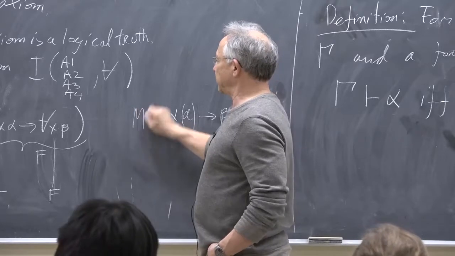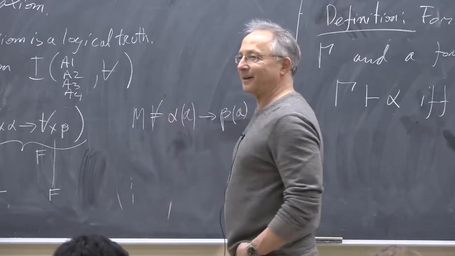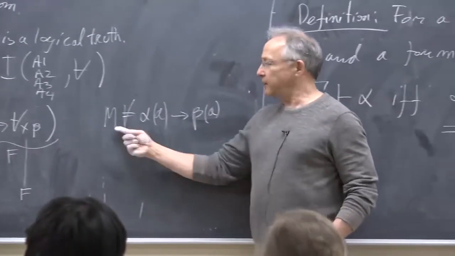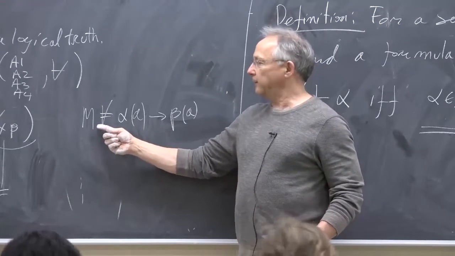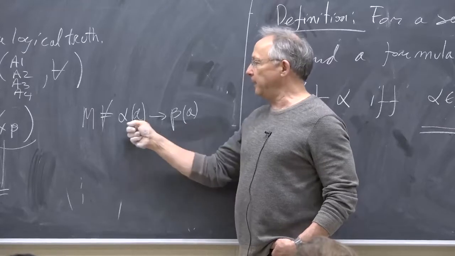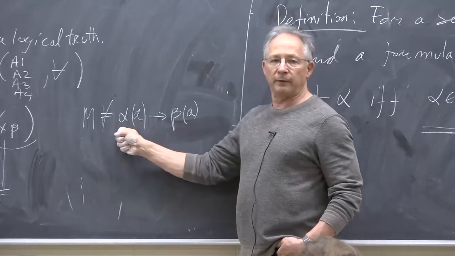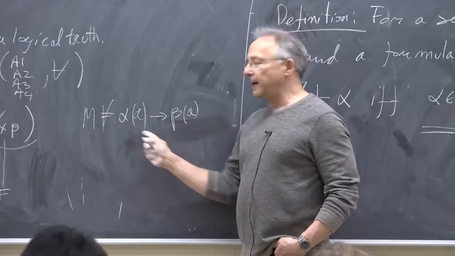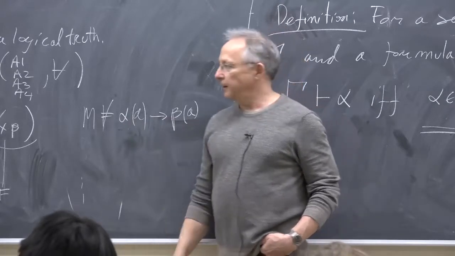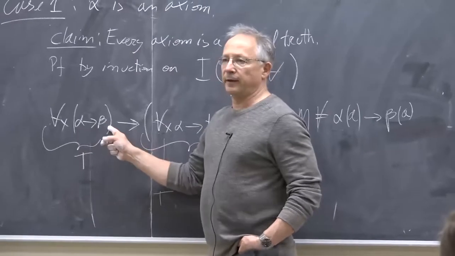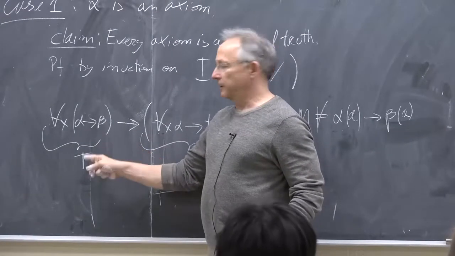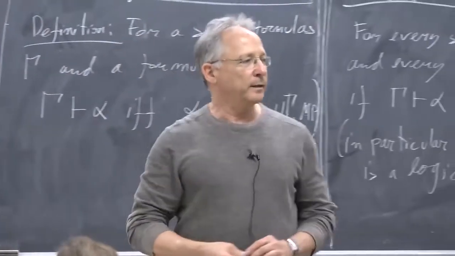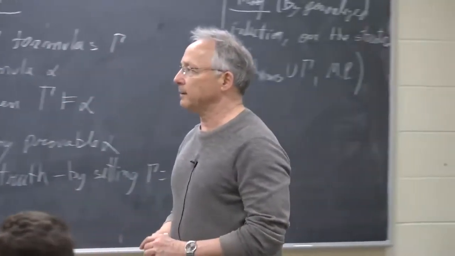If I have a structure in which this is true and this is false, then in that structure there is some A such that this implication is false. There is some A for which beta is false, and for all A alpha is true. So for that A, I get true, arrows, false. But if there is some A for which this implication is false, it couldn't be the case that for every X, alpha, arrows, beta holds in my structure. So this cannot be true. So I cannot be in the situation where this formula is not satisfied.